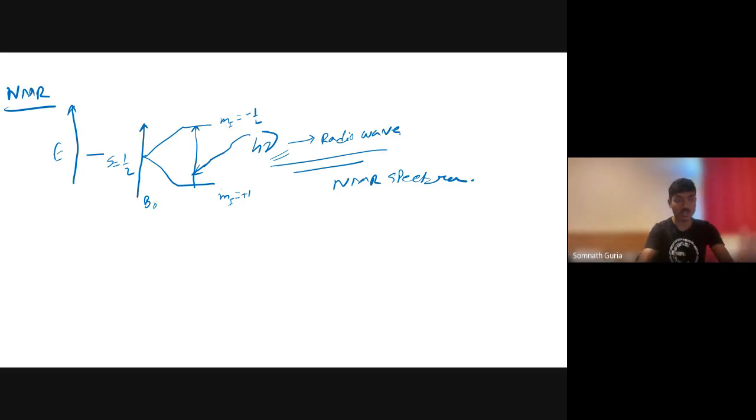Depending on that, we can isolate how much electron density is present on that particular hydrogen atom. The electronic distribution is different for the different protons, and then we get a different NMR spectrum for the different protons.